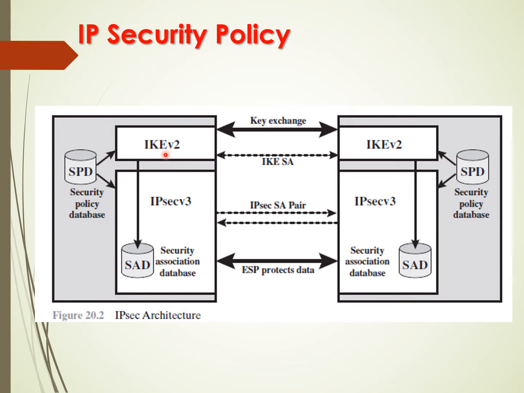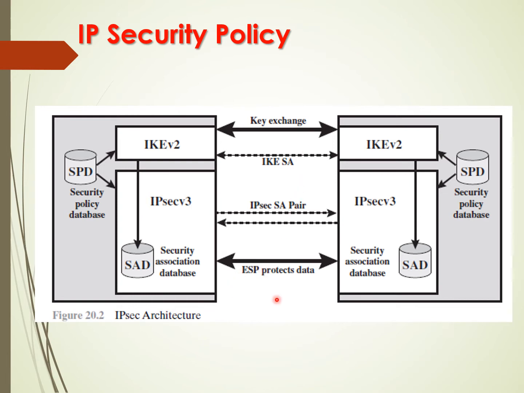The sender uses keys for symmetric encryption and asymmetric encryption. These keys need to be shared with the receiver, whether it is a public key or a secret key. That job is done by IKE version 2, which is the key exchange.